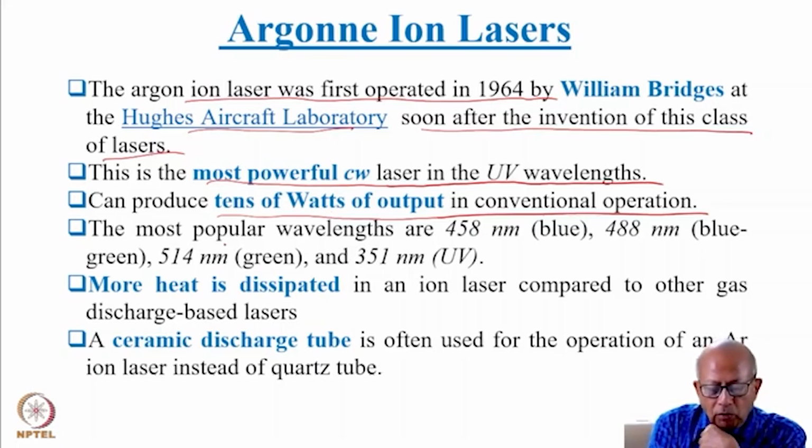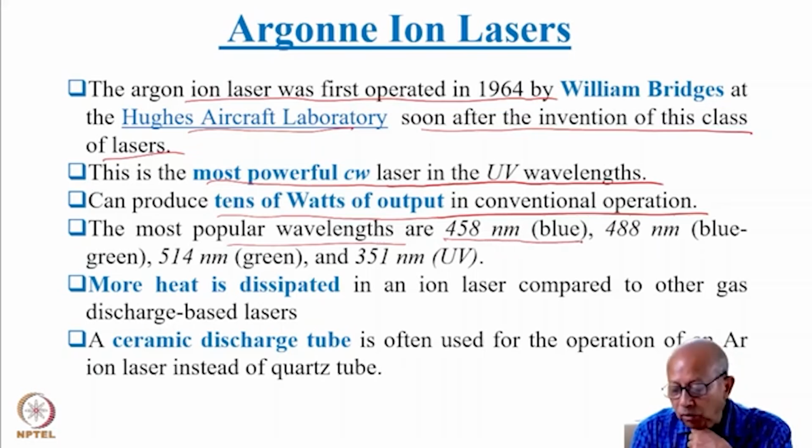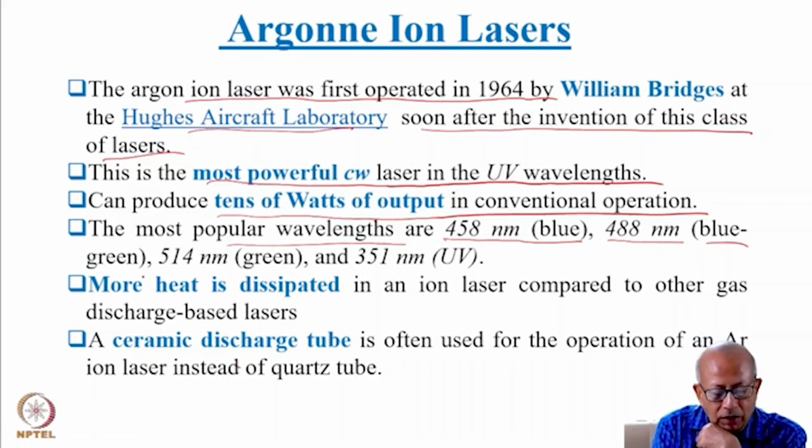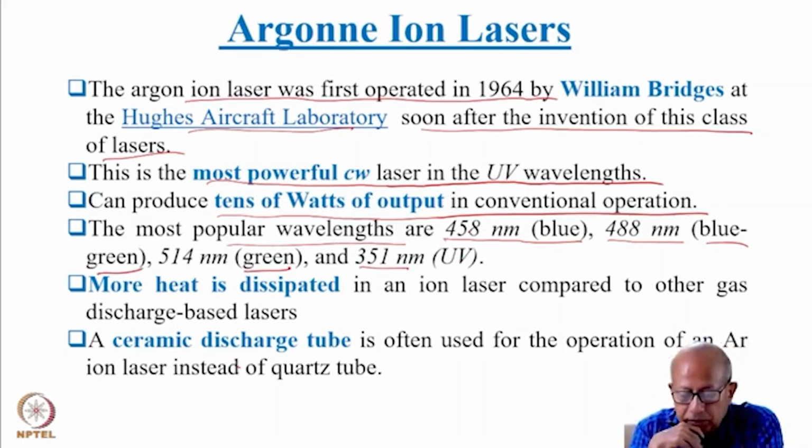The most popular wavelengths that can be obtained from argon ion laser are 450 nanometer, that is blue light, 488 nanometers blue-green light, 500 nanometer green light, and 351 nanometer, which lies in the ultraviolet region.